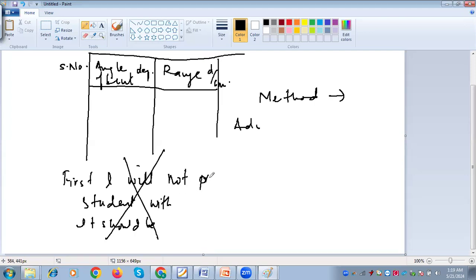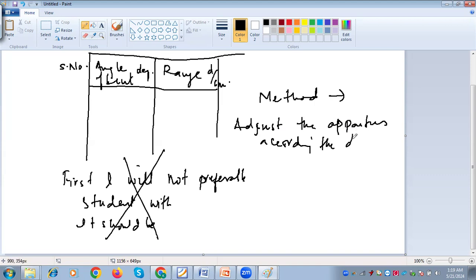Not preferable. Okay, what is preferable? Adjust the apparatus according to the diagram.